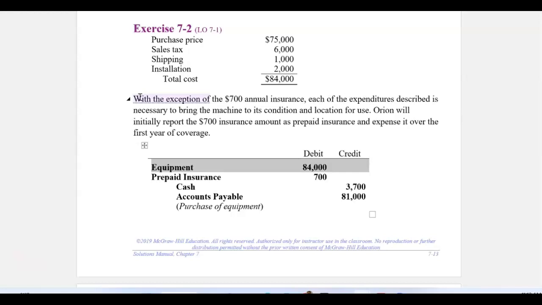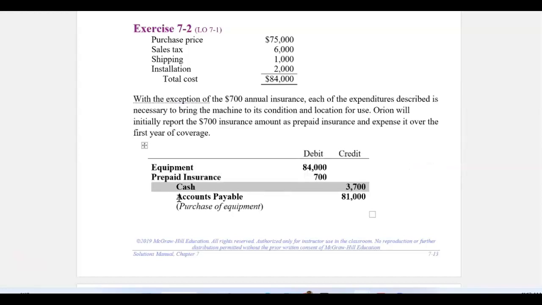The prepaid insurance needs to be recognized as an asset at this point, and by the end of the year will be recognized as expense for the months that have expired. So prepaid insurance will be recognized as a current asset, and at the end of the year we will recognize it as insurance expense. We paid $3,700 in cash.